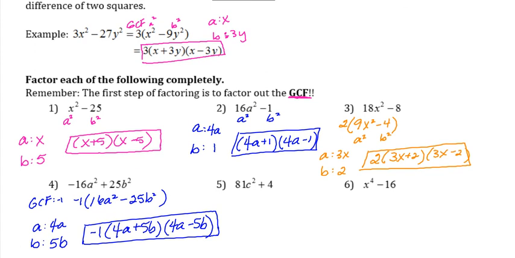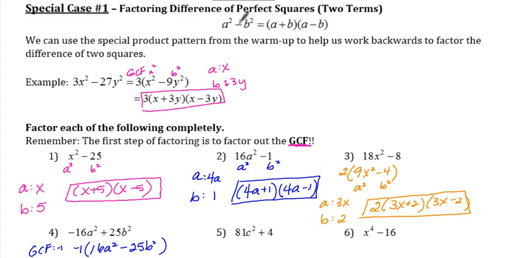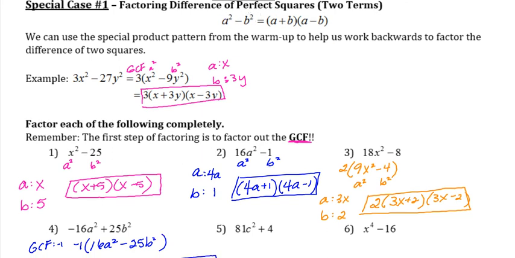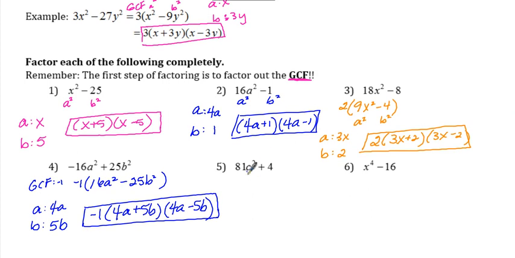Our pattern only works if it's something squared minus something squared. That's not what this is. This actually can't be factored, and if you recall, we had a vocabulary word that we used to say something couldn't be factored. We call it prime. If it can't be factored, it's prime, and that's what number 5 is.